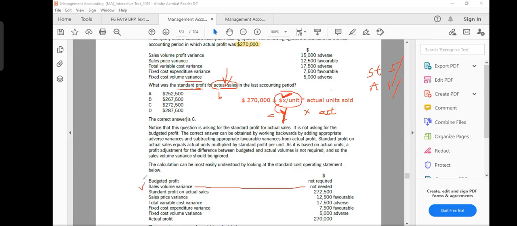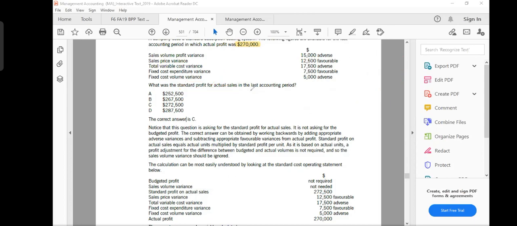Otherwise I don't, and we will calculate with both options. Because we are calculating for actual sales, we are really not interested in sales volume variance.